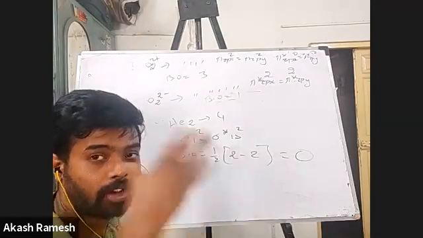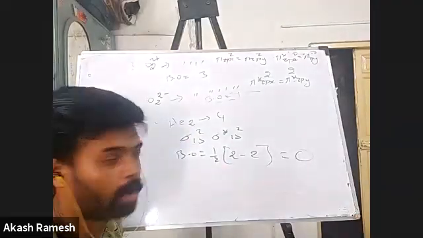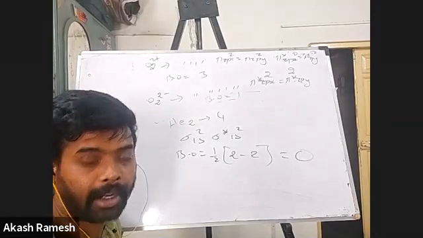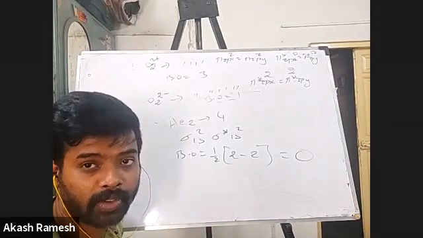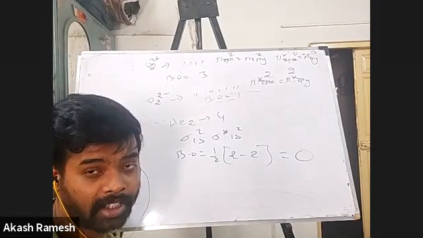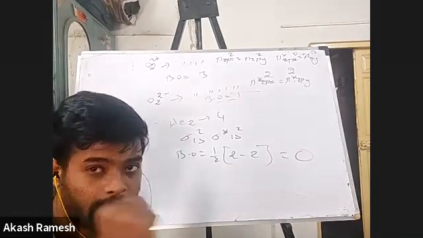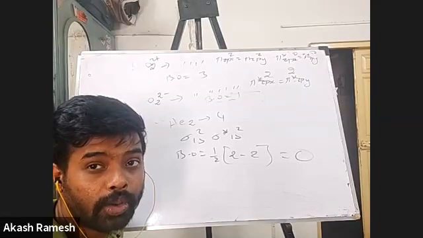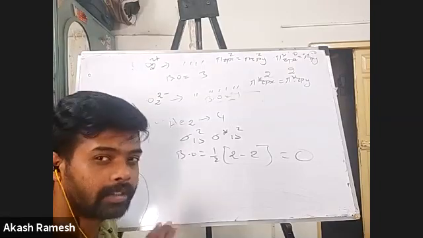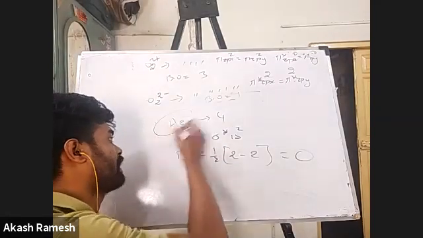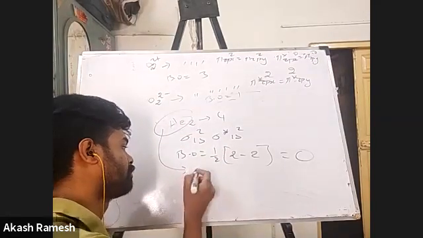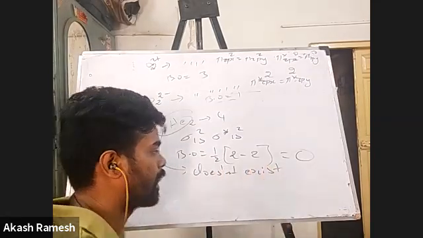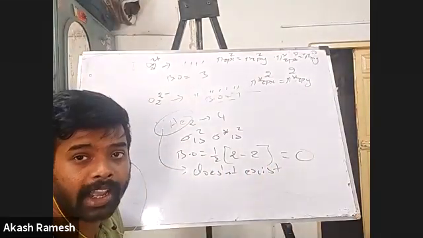So this is the thing. Whenever you find bond order to be 0, what do you mean by that? It means there are no bonds between helium and helium, right? So this proves that this molecule does not exist. The thing you have to remember is whenever you find bond order equal to 0, that molecule does not exist.